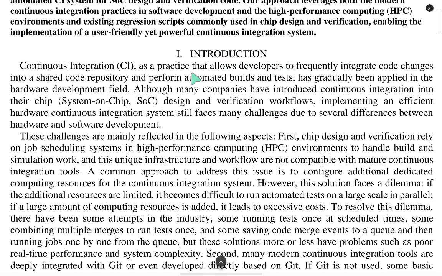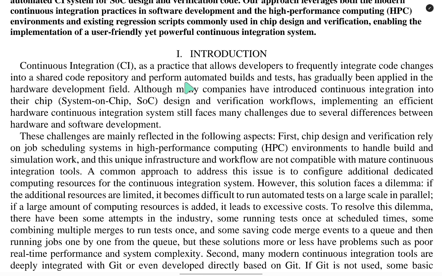1. Introduction. Continuous integration (CI), as a practice that allows developers to frequently integrate code changes into a shared code repository and perform automated builds and tests, has gradually been applied in the hardware development field.